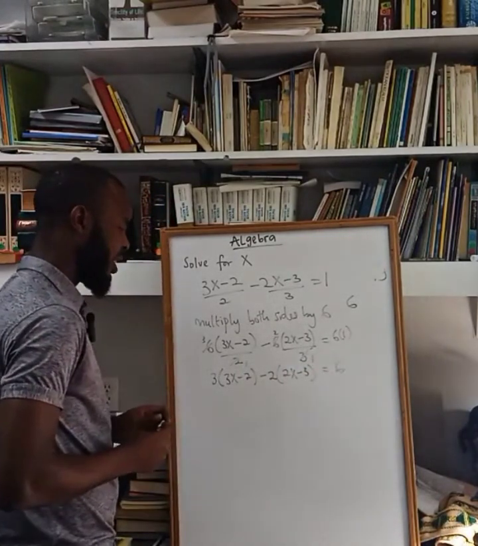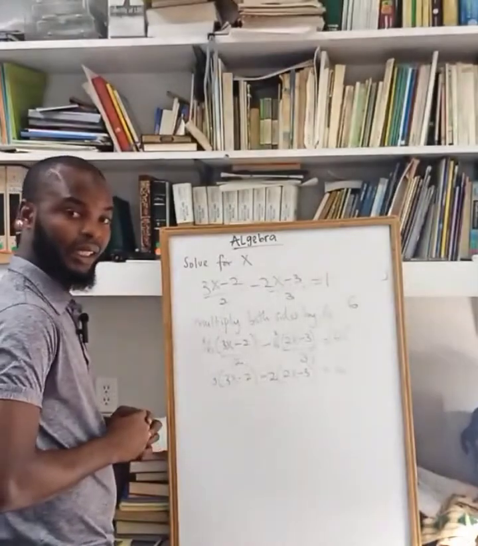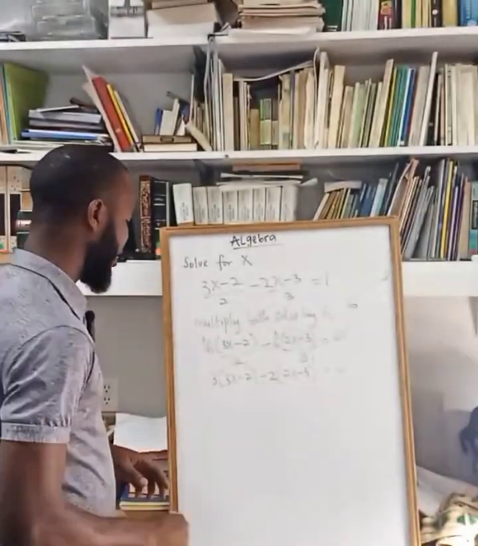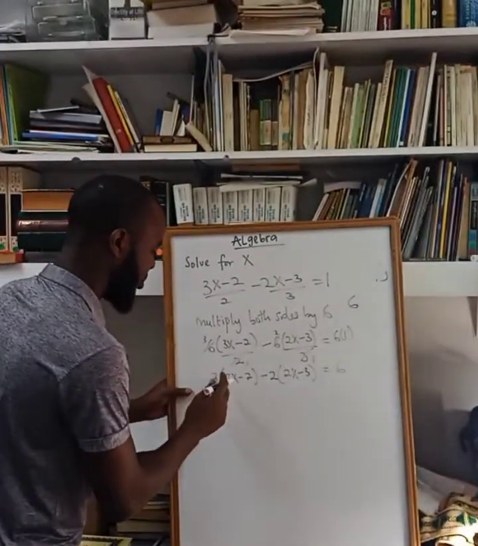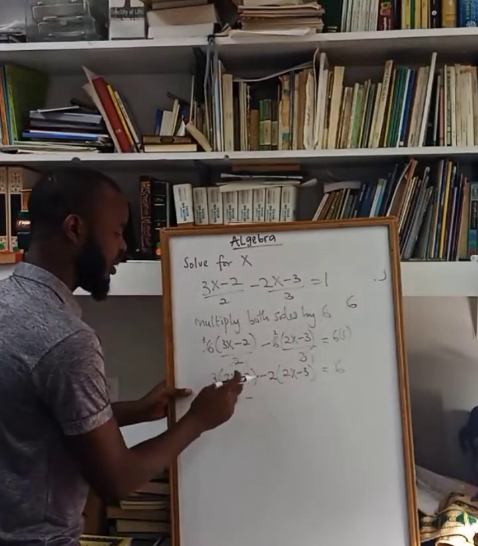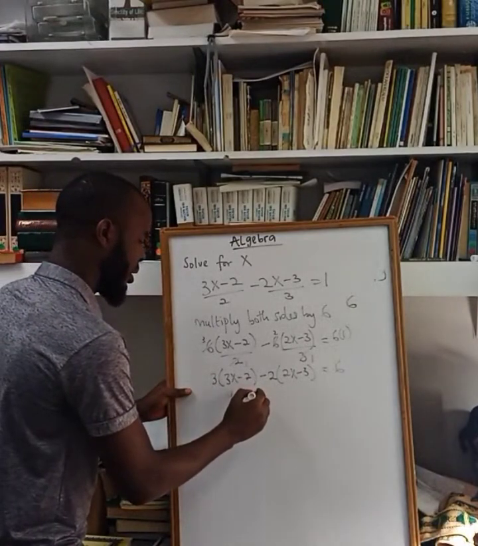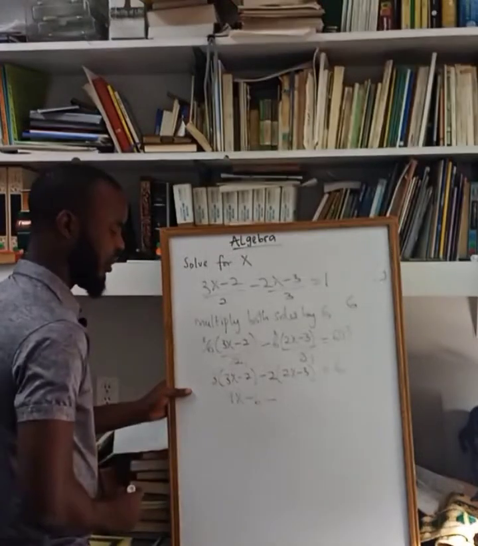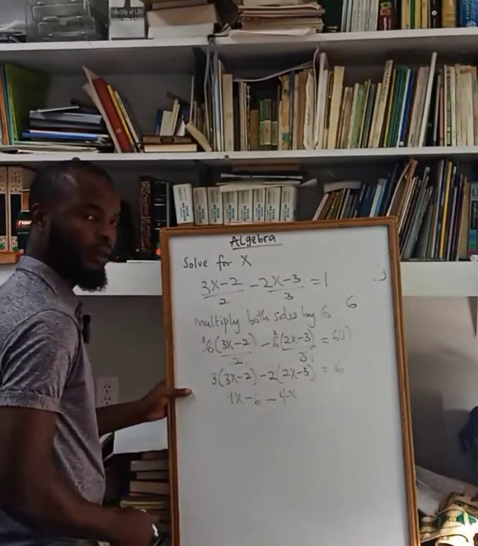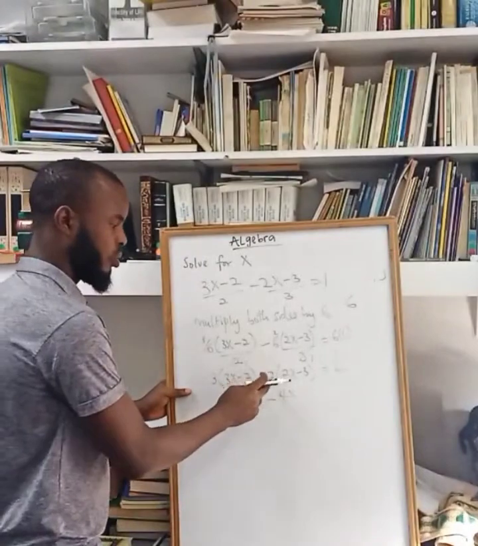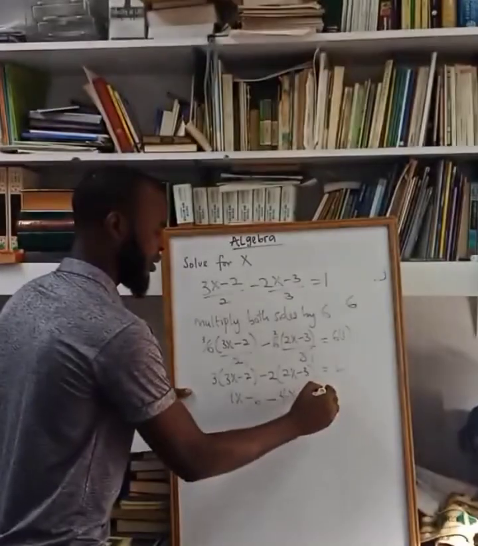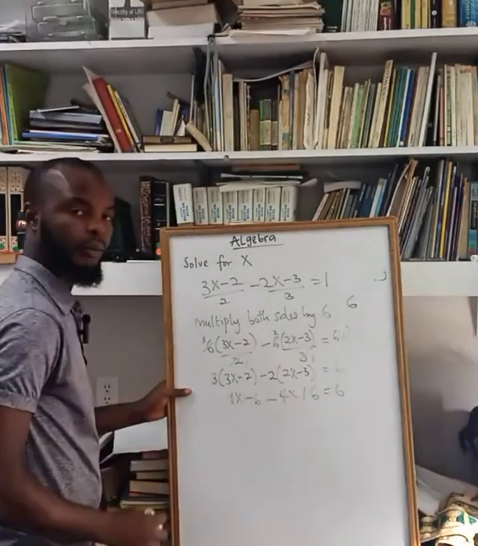Now looking at this here, we don't have any denominator again, so we get rid of the denominator. Multiplying this out, we have 3 multiplied by 3x gives 9x, minus 3 multiplied by 2 gives 6. Minus 2 multiplied by 2x gives 4x. Negative 2 multiplied by negative 3 gives 6, equals 6.